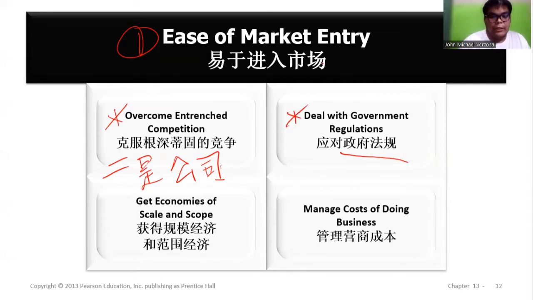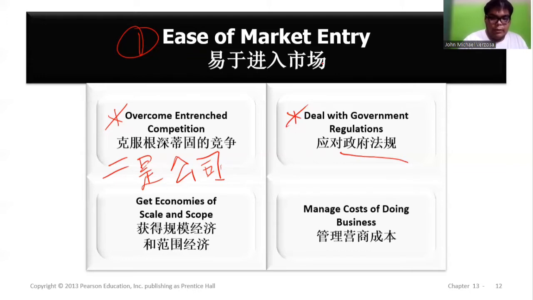And number three, it helps deal with the economies of scale, as mentioned previously.